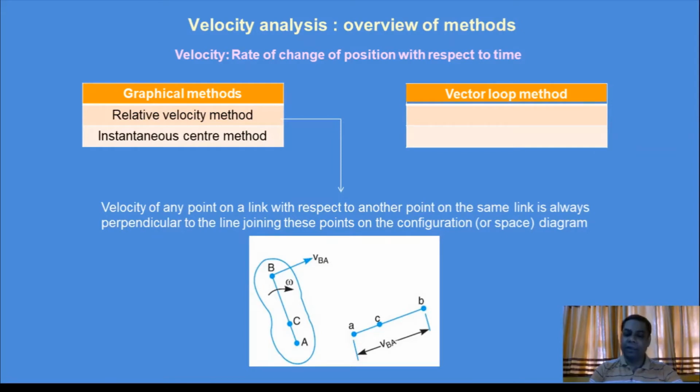What I mean to say is that the physical distance ratio AC to AB should be the same as the velocity ratio AC to AB on the vector diagram.